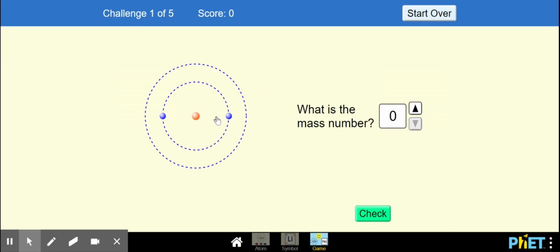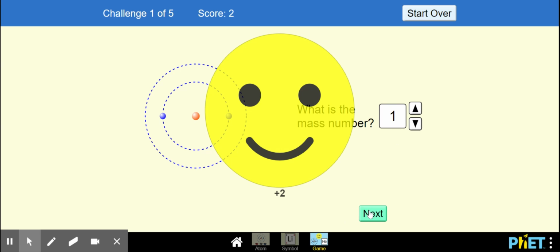Second one, what is the mass number? Okay, remember mass number, protons and neutrons each have a mass of 1. Electrons have a tiny, tiny mass, so we're going to ignore the electrons in the mass number. We have 1 proton here, no neutrons, so we're going to say mass number is 1.